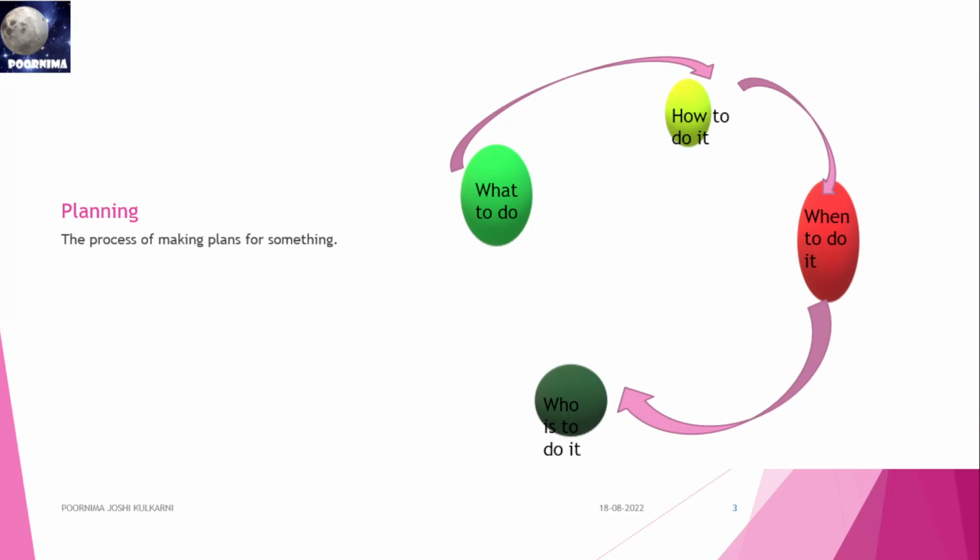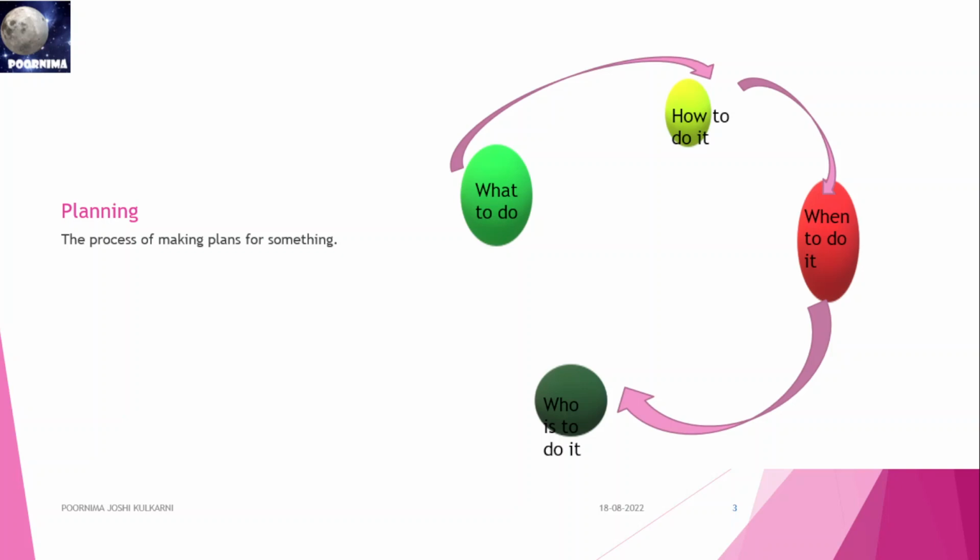How is the planning done? Suppose you are going on a trip. You plan what to do, where you are going, then how to do it. Will you go by public transportation, bike, your own car or a rented car? You have to decide before going.